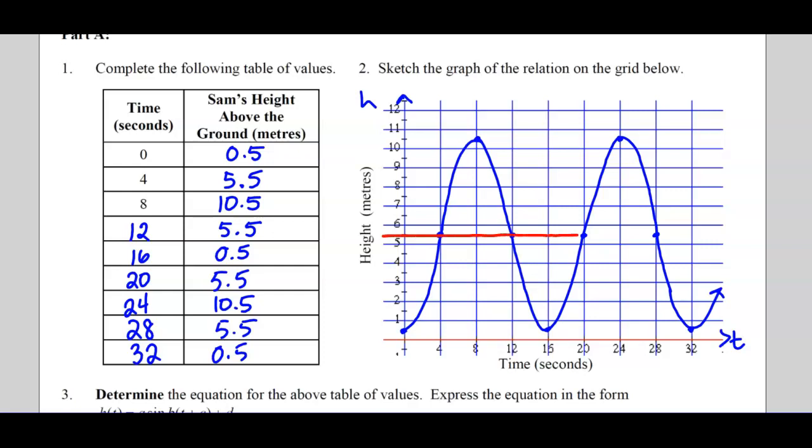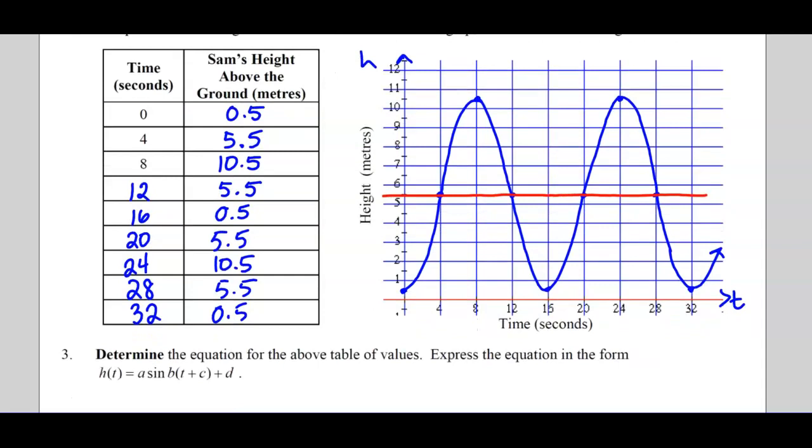I'm going to do my midline. Okay, so looking at the equation, it says come up with the equation as a sine function, not a cosine. Cosine would be easier, because if you reflect the cosine function, your minimum is at time 0, so there would be no translation.